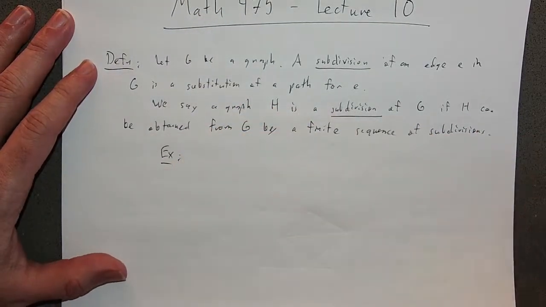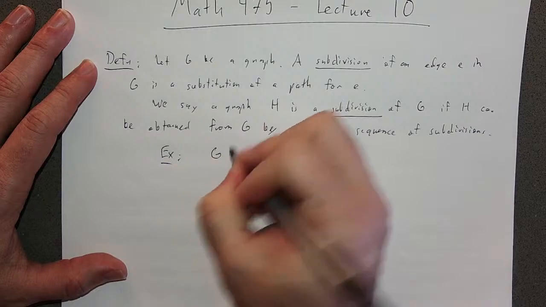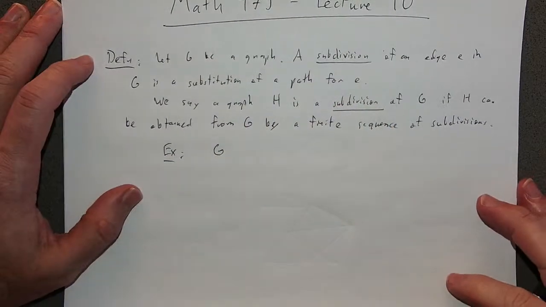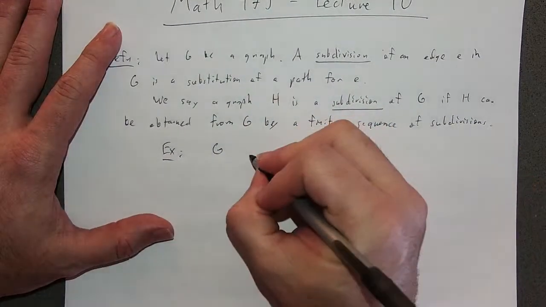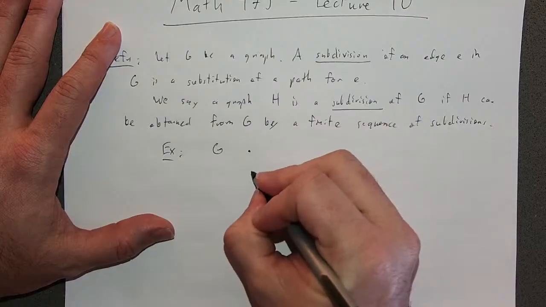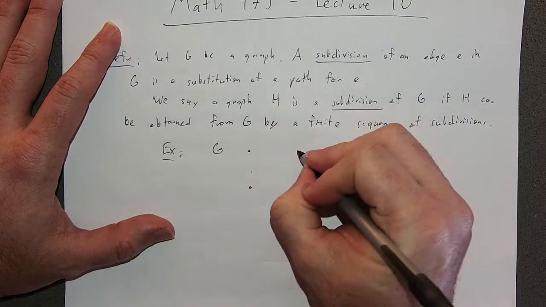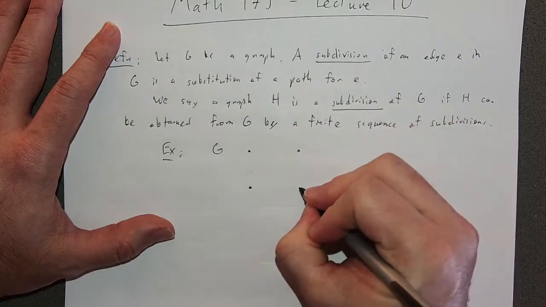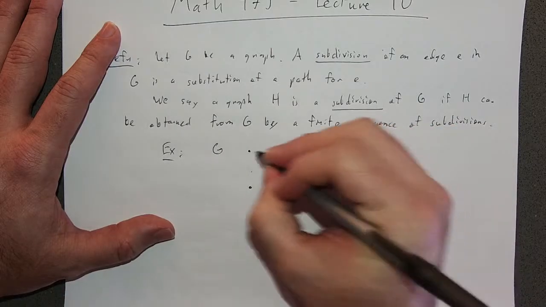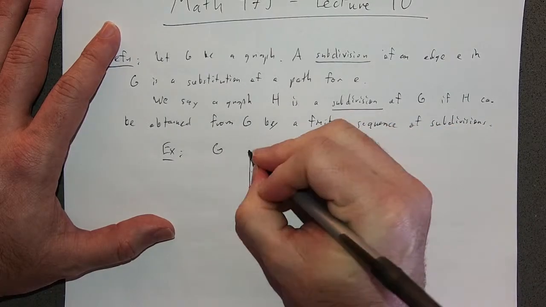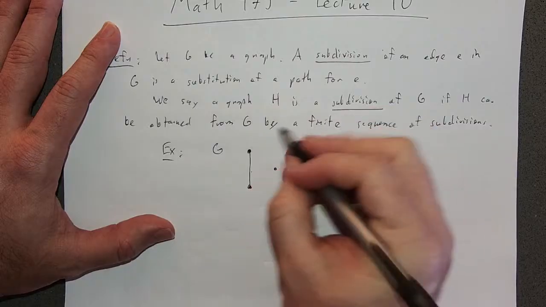So let's do an example here between a graph and a subdivision of the graph. So here is the graph G. We'll draw it as follows. Let me give myself more room here. Here's the graph G. Let me make the vertices bigger.